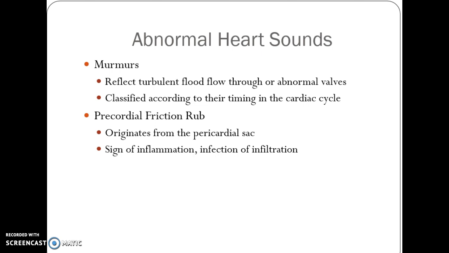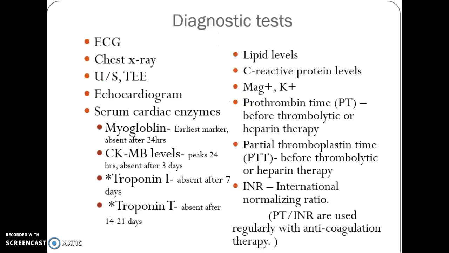And a diastolic murmur notes mitral stenosis or aortic regurgitation, and this happens after dub. So it's between S2 and S1. So you'll hear lub dub shh for that kind of a murmur.